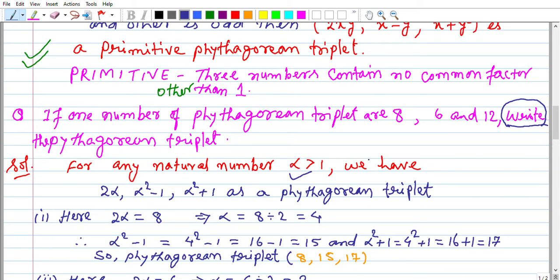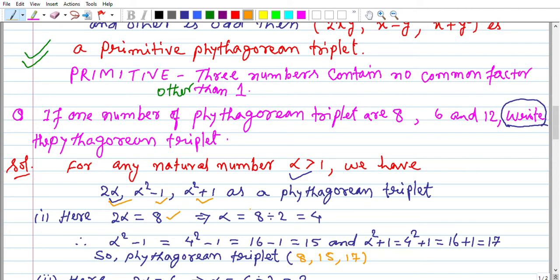Very good. We have 2 alpha, alpha square minus 1 and alpha square plus 1 as a Pythagorean triplet. I have explained above. So here 2 alpha equal to 8, no doubt.